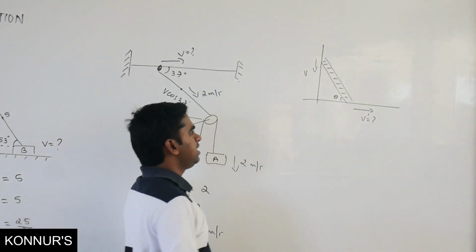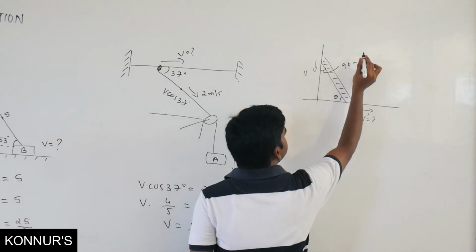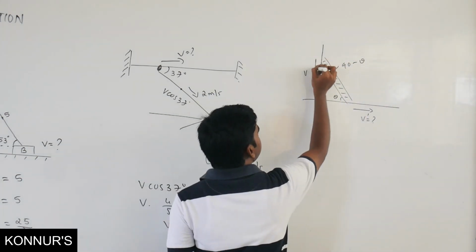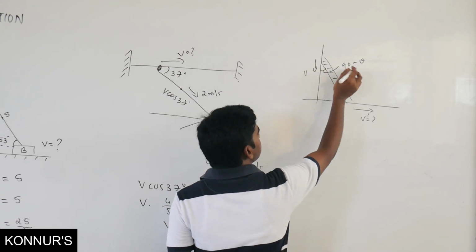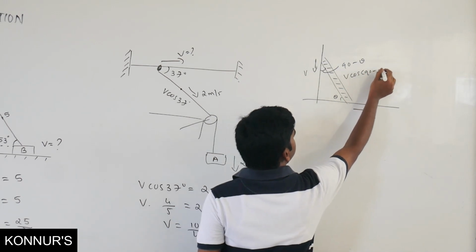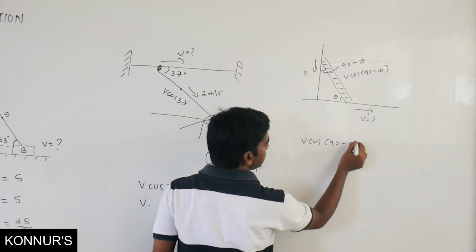If here the angle is theta, what will be the angle here? Here we get 90 minus theta. So take its component. If it is V here, along this direction its component is V cos 90 minus theta.